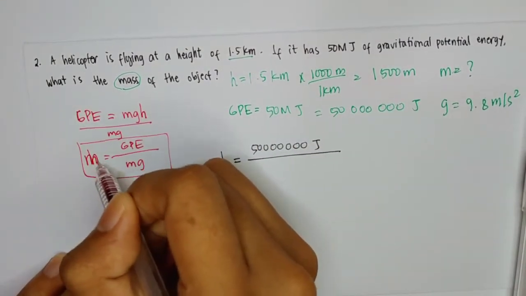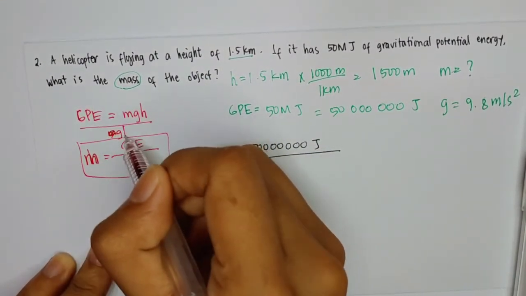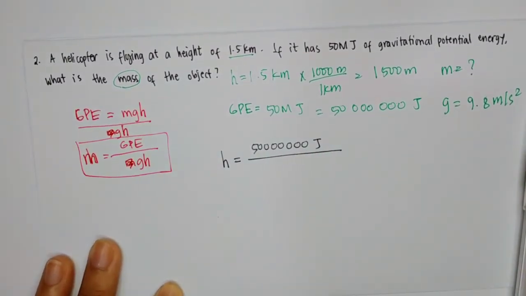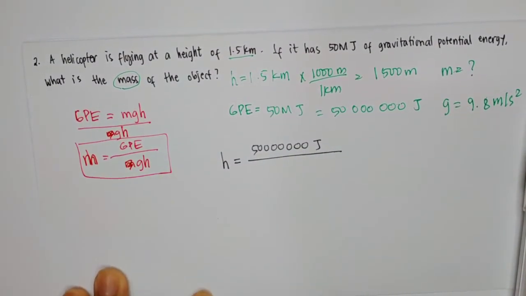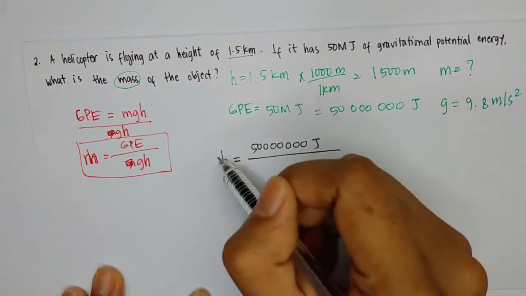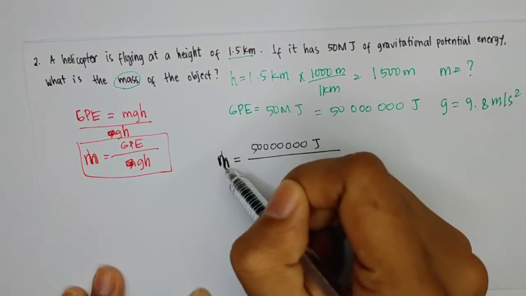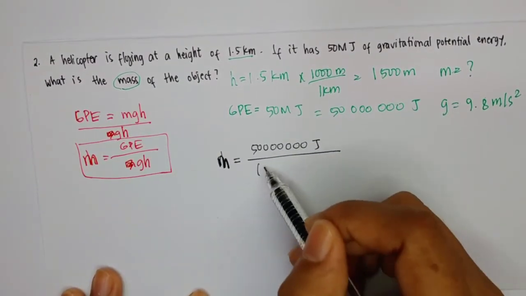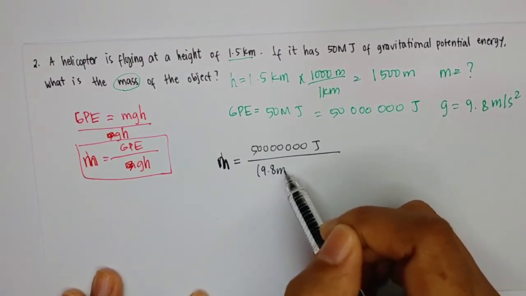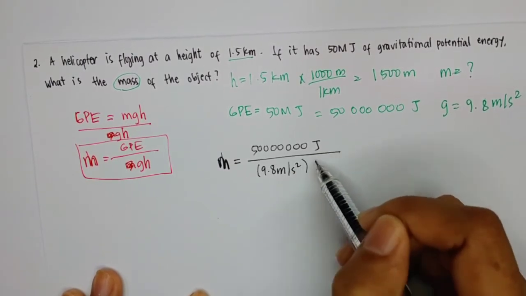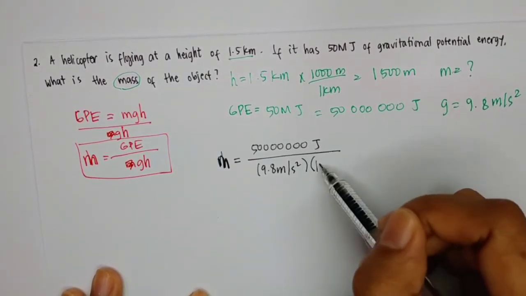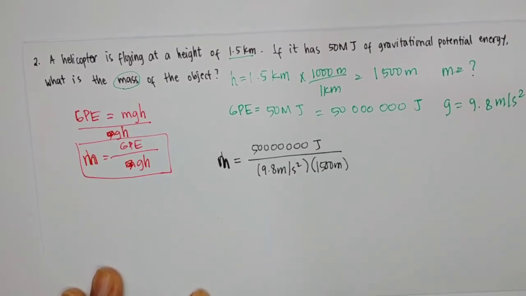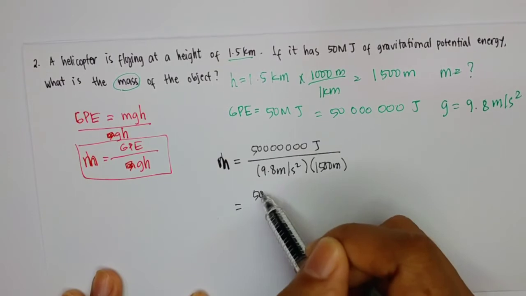We have here our mass, then gravity times height. So that is 50 million joules over our gravity, 9.8 meter per second squared, times our height, 1,500 meters.